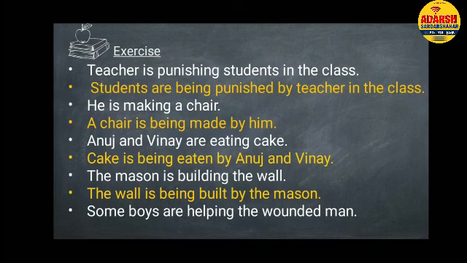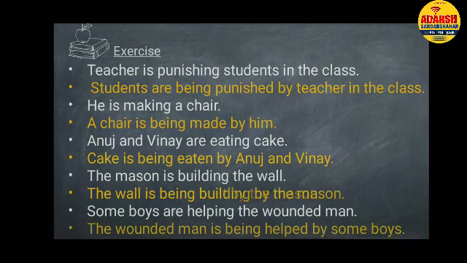So here we have our subject and verb. Now object. So our subject, some boys, are performing the activity of helping on the wounded man. So the wounded man is our object. Now we have our object, verb and subject. So let's convert the sentence and then talk about it.